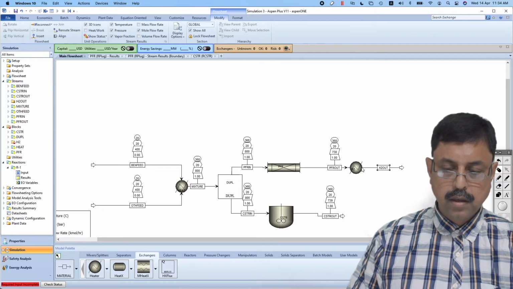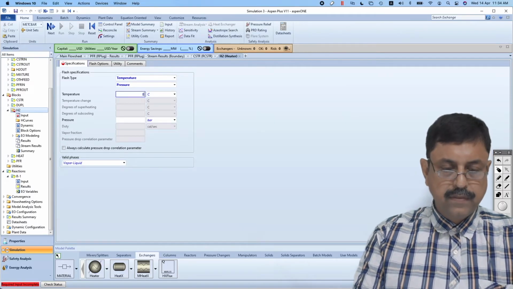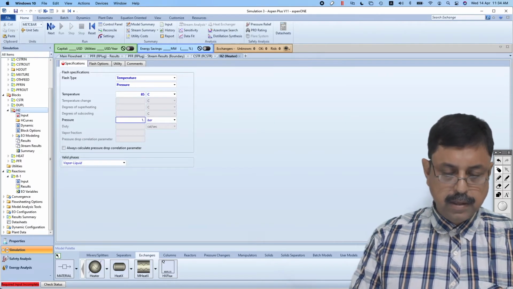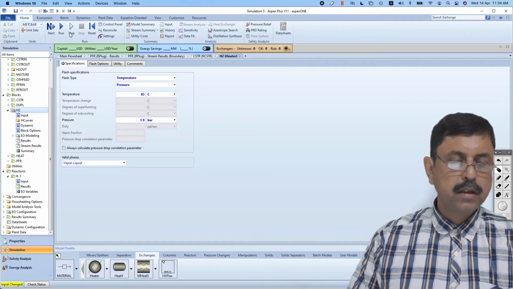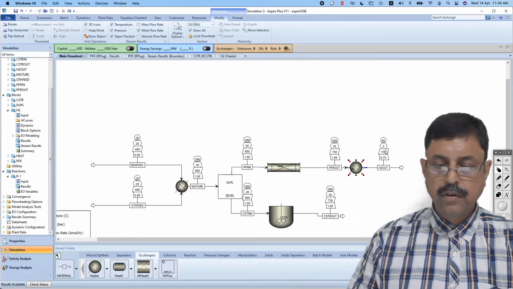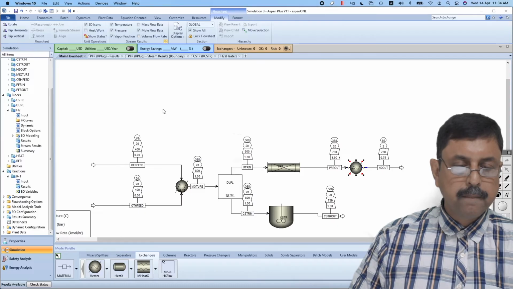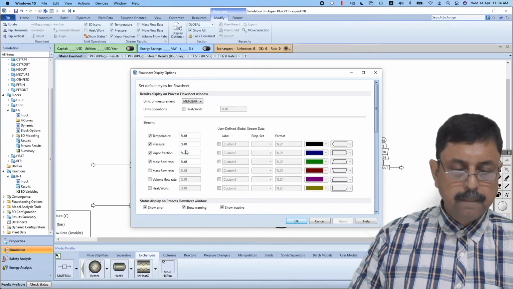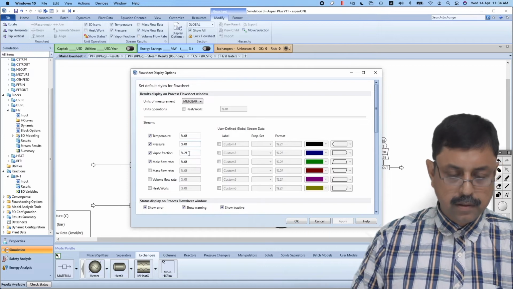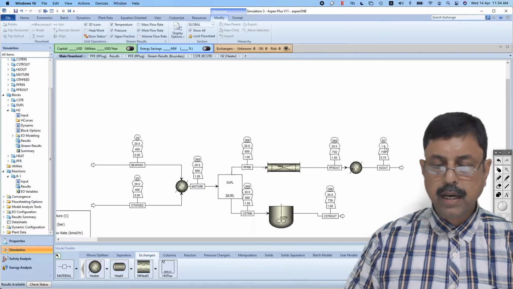And this one is depressurized to 85 degrees centigrade and 1.9 bar pressure. So run it, and we reach a value of, it is showing 2 bar because actually we can set the display with 1 digit after decimal point. So it will show 1.9 bar pressure, 85 degrees centigrade.